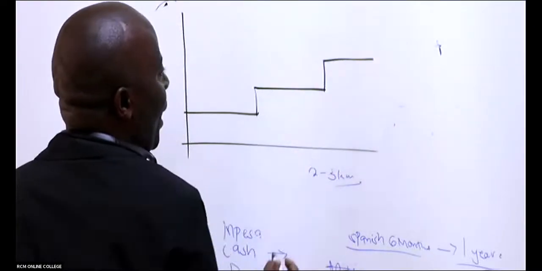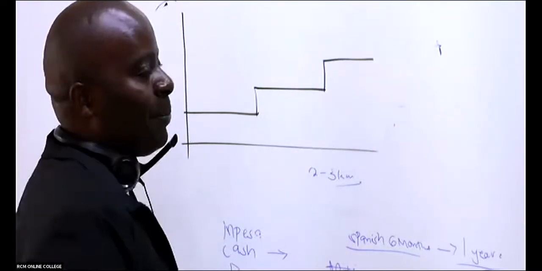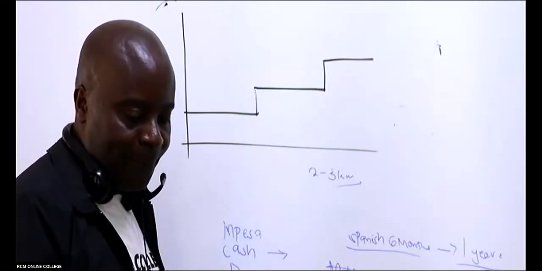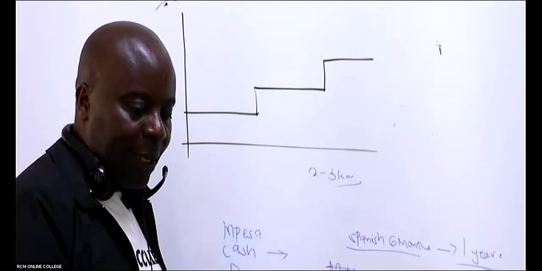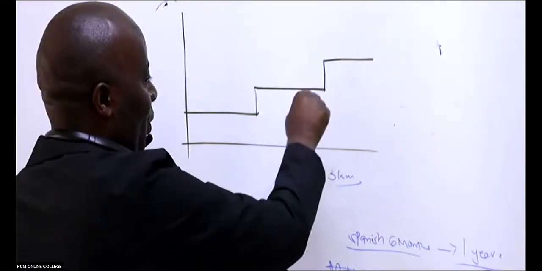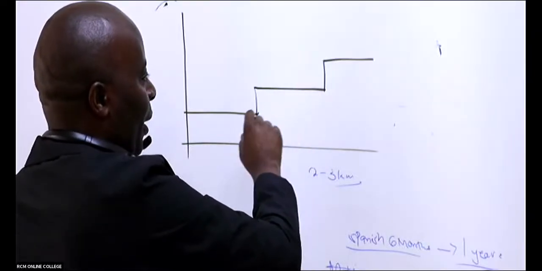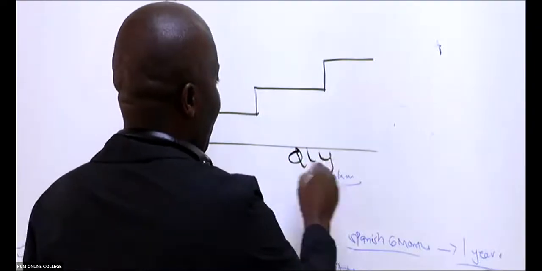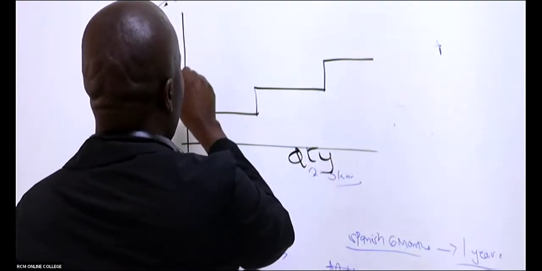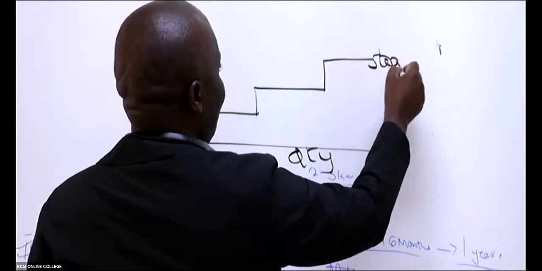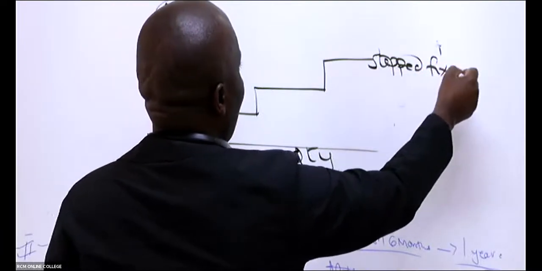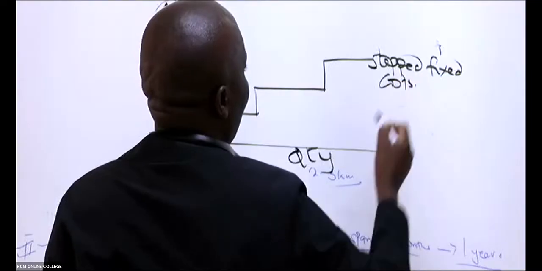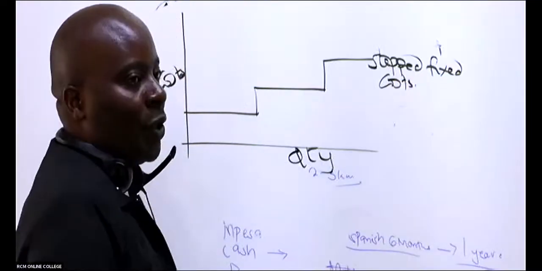So in this case here, these are the stepped fixed costs. You can see the steps like staircases. Just for example, as you guys draw, remember this is quantity, this is costs. So these are the stepped fixed costs.